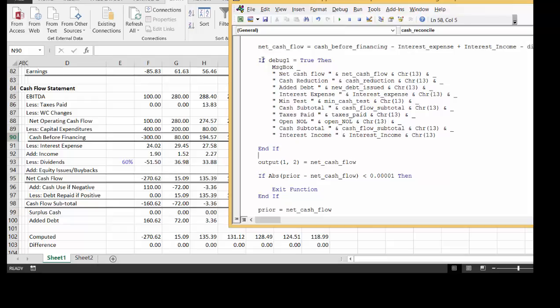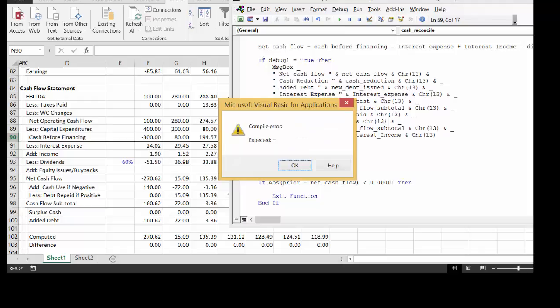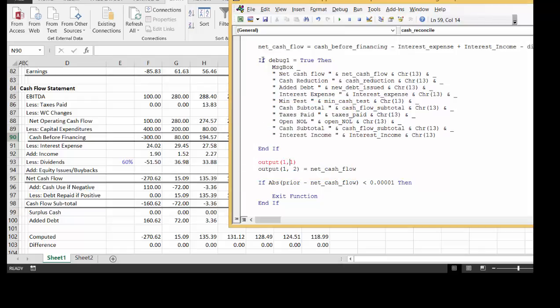Okay, and the output 1, 1. That's the first row, the first, I'm sorry. I did this wrong, didn't I? Equals equity issuances.